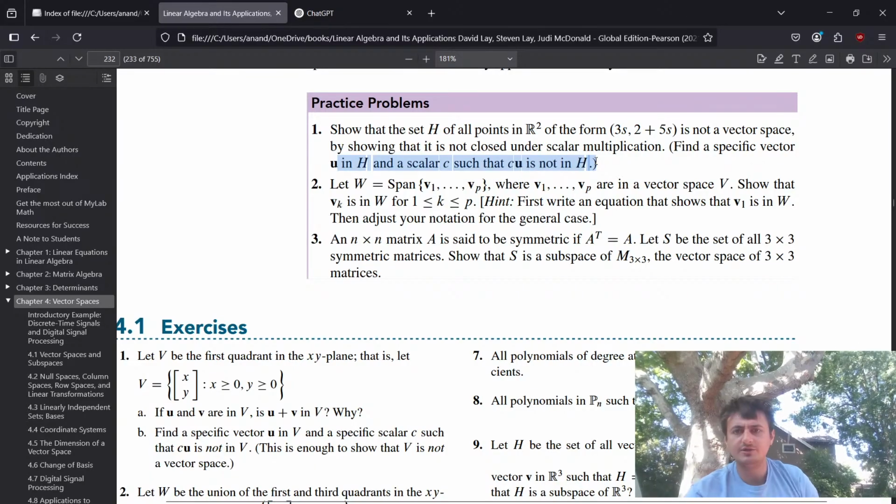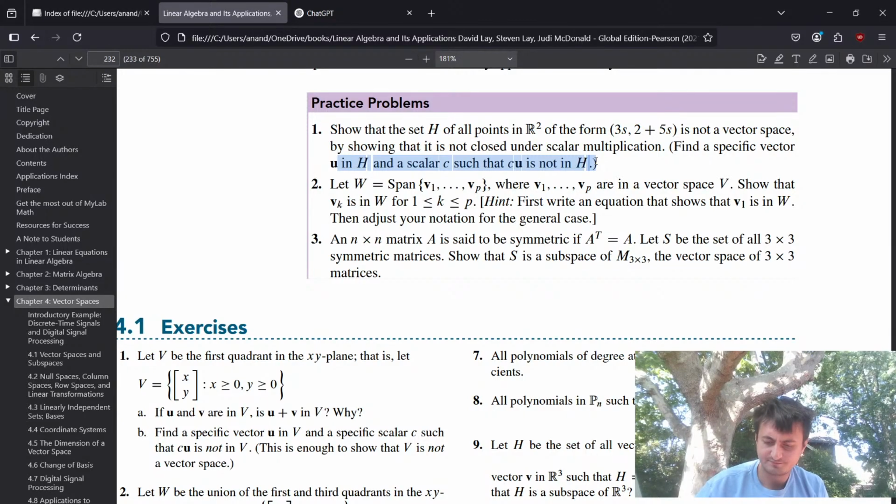Okay, so what we're going to do, let s equal 1. So then we get the vector 3, 7. Then we're going to scale that, so times 2. So then we get 6, 14. And then we try to solve the system. We try to solve for s such that 3s is equal to 6 and 2 plus 5s equals 14.